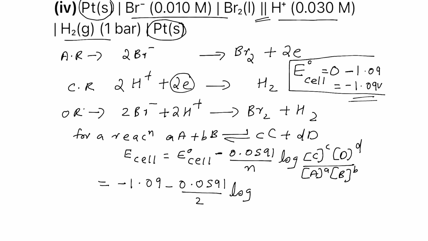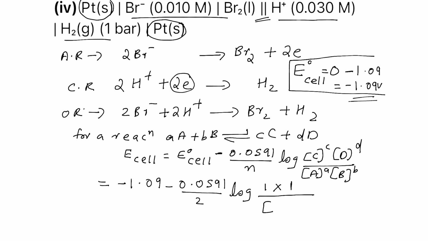C is Br2, D is H2, like that you can assume. So for bromine, it is in the pure form. You can take concentration as 1, that you learn in class 11, you remember, right? Similarly, bromine is in liquid form, it is in its pure form. Okay, concentration is 1. Now H2, gas, it is in its pure form, concentration is 1, right?